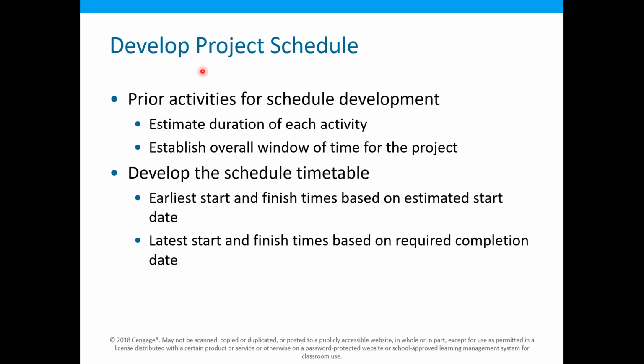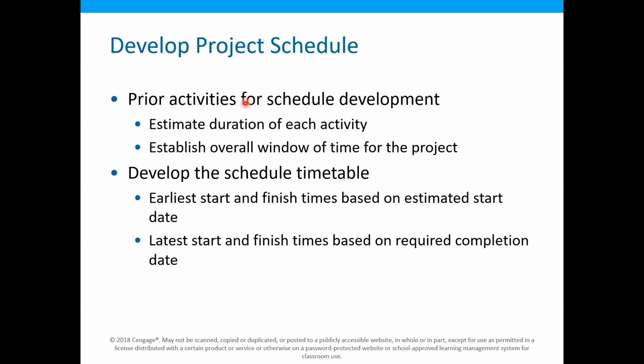Develop the project schedule. So prioritize activities for schedule development, estimate the duration for each activity, and establish the overall window of time for the project. For developing the project schedule, we need to have a prior schedule and the duration for each activity.